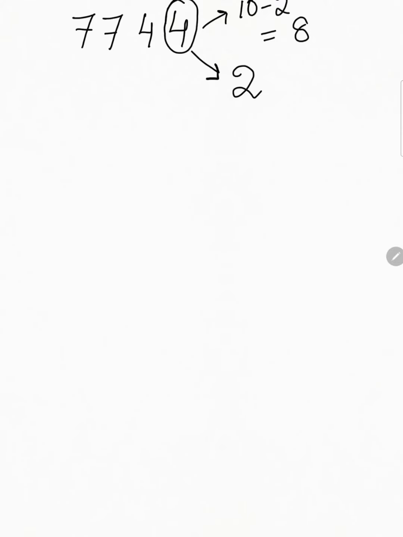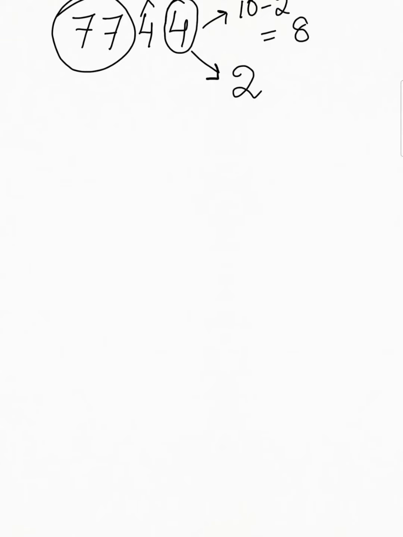Next step is we will be ignoring 4 and we come to the number 77. Now we think of a digit which when multiplied by itself gives a number close to 77, right?